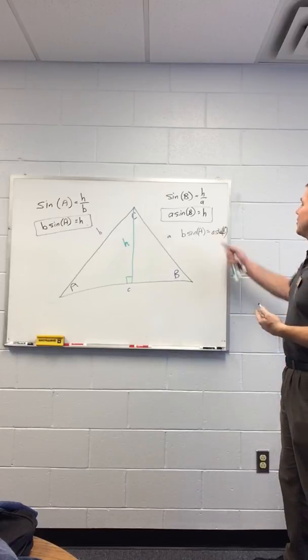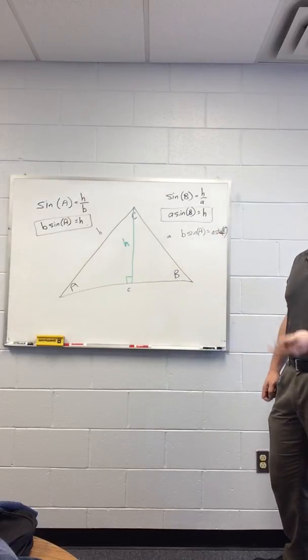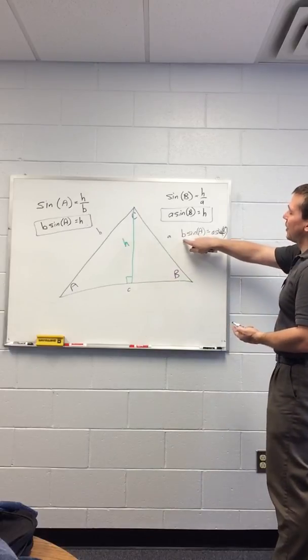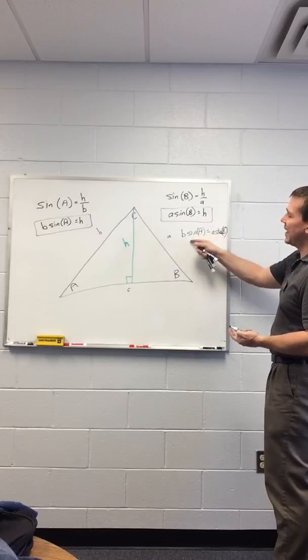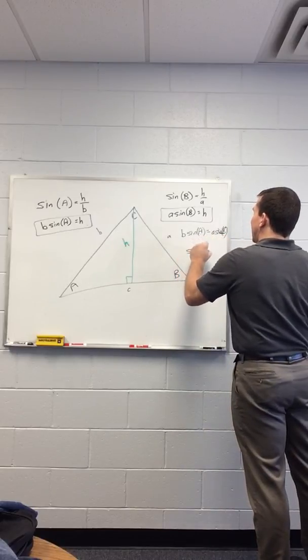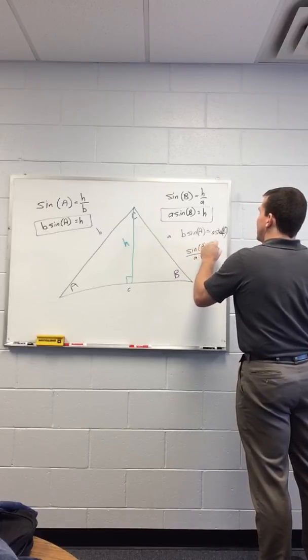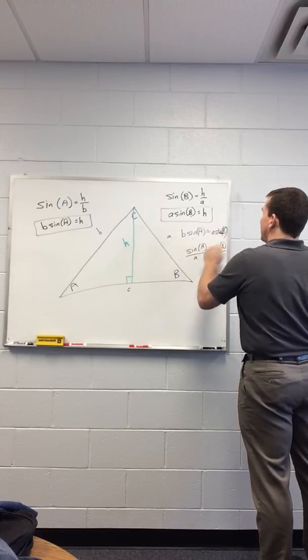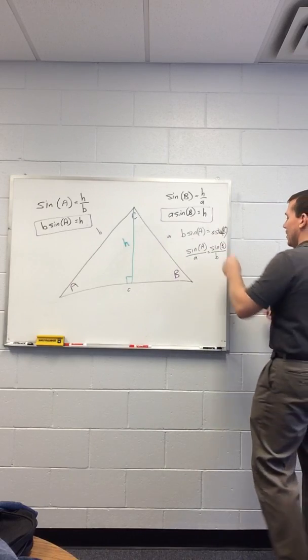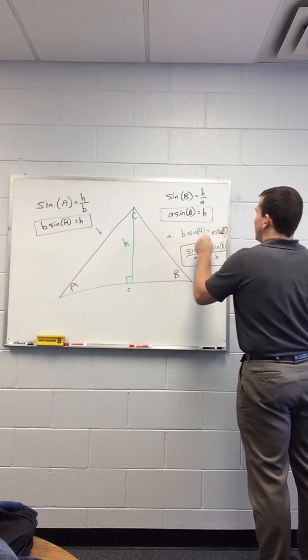In my seated class, some people were saying, can we just leave it like this? You can, but generally we don't. What we do is divide by lowercase b on this side and lowercase a on that side. When you do that, you end up getting sine A over a equals sine B over b. And essentially now, I've created a proportion.